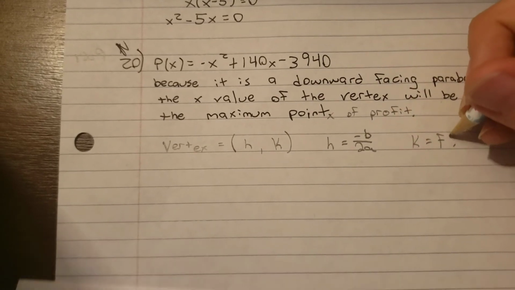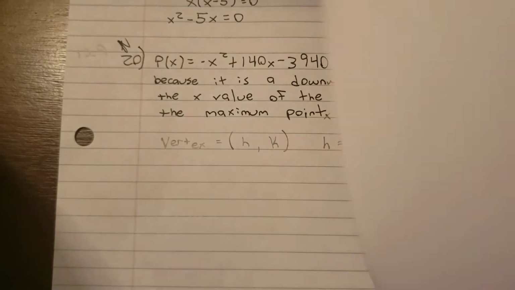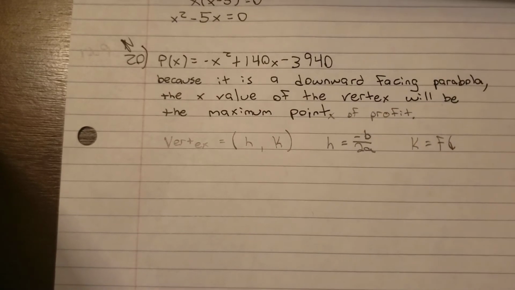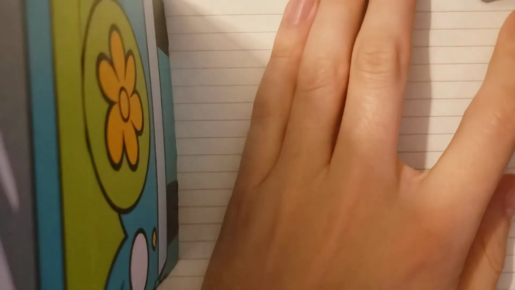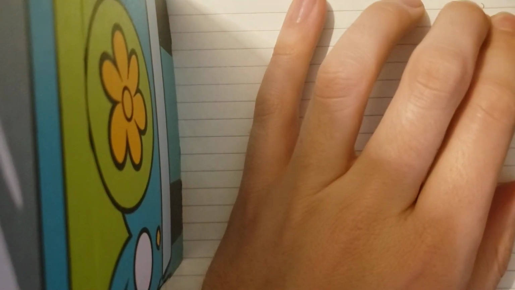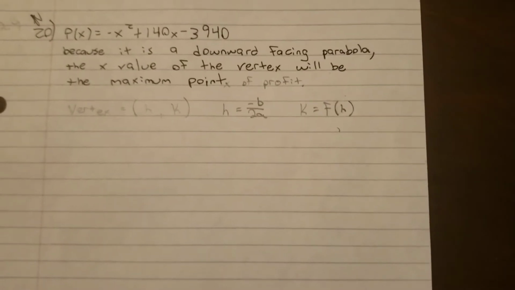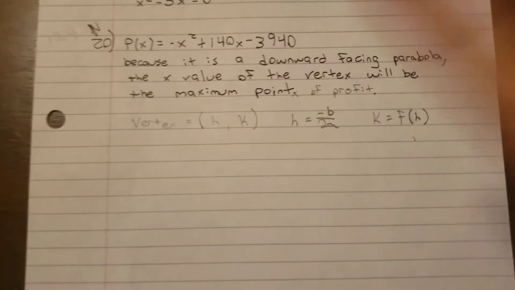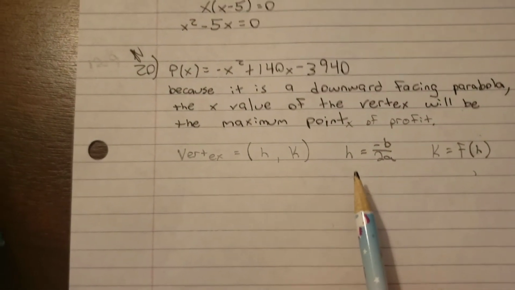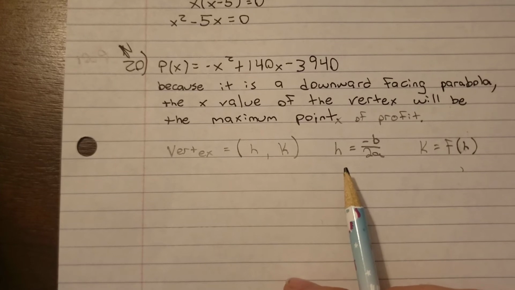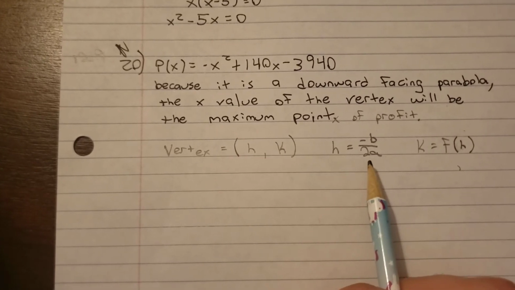So f of h. Ugh. I can't do this one-handed. F of h. Okay, f of h. So let's figure out what our h is. Hopefully it's not too bad. So negative b divided by 2a.